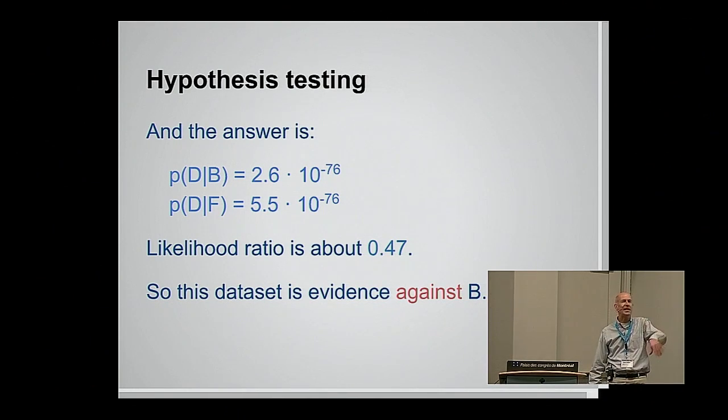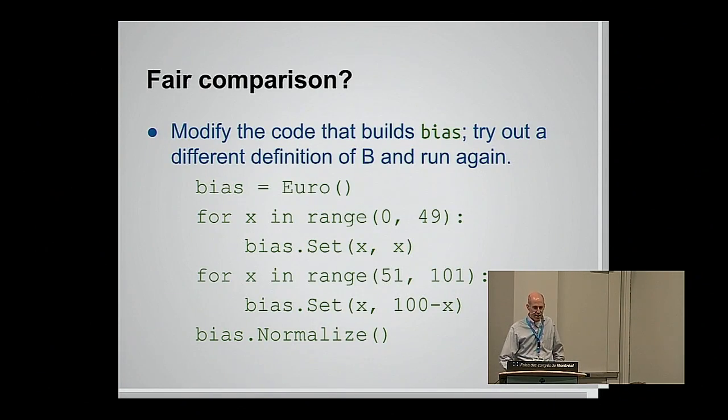If you have some ideas about what you want B to be, that's fine. You can code it up yourselves. If you want to use mine, you can. So this is a triangle shaped. This is the same as the triangle prior that we looked at before, except that I left out 50%. So feel free to try mine if you want. You can substitute this into euro2, or if you've got a different prior that you think is a better choice, plug that in.